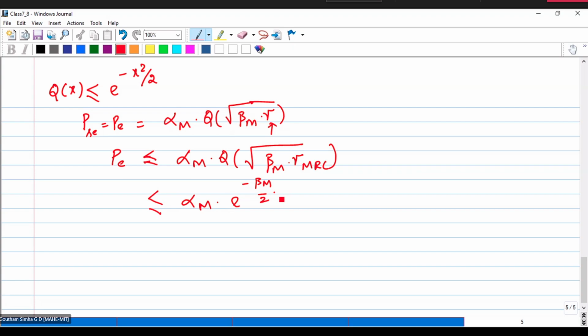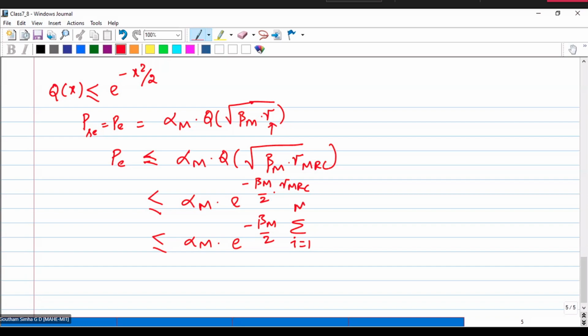Simple modification, that's all. Alpha m into e to the power of minus beta m by 2. I will take this gamma MRC, and I'll write it in terms of how many branches I have.